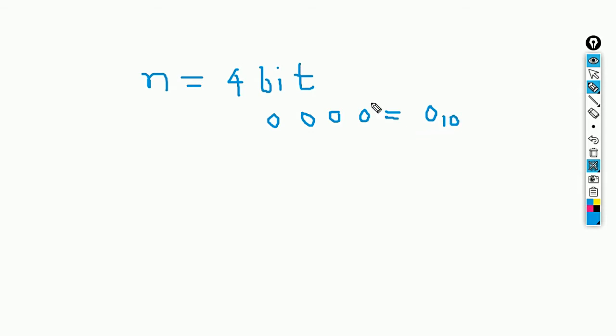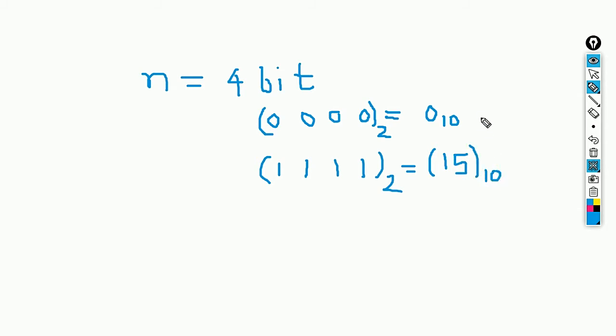This is unsigned binary number 0 in n equal to 4-bit representation scheme. Maximum number we can represent is 1, 1, 1, 1, 4 ones. In decimal number system the answer is 15, 15 to the base 10. In hexadecimal format, the answer is 0 to the base 16 and this is F.